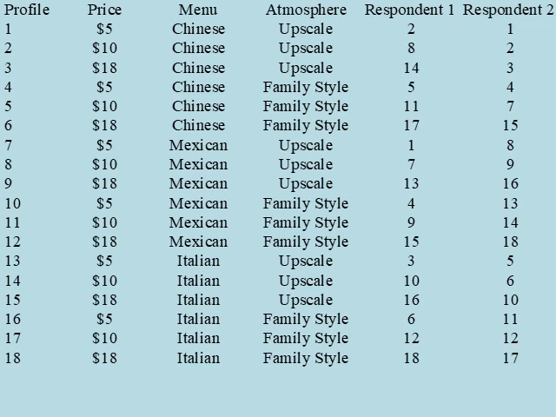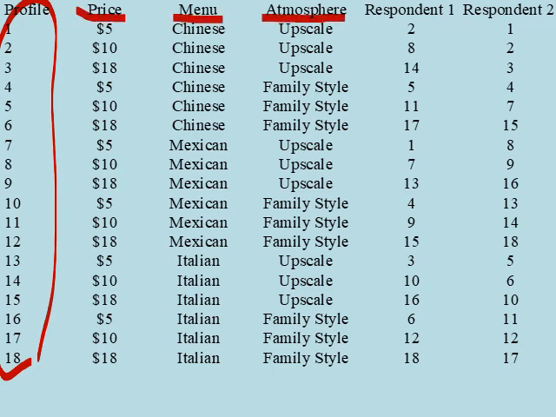So here you have the 18 cards that you have collected, right? Okay. And these 18 cards are representing this concept. So you can see here there are some attributes. We have price, we have menu, and we have atmosphere. So what you're seeing here are the responses from the first respondent, right?